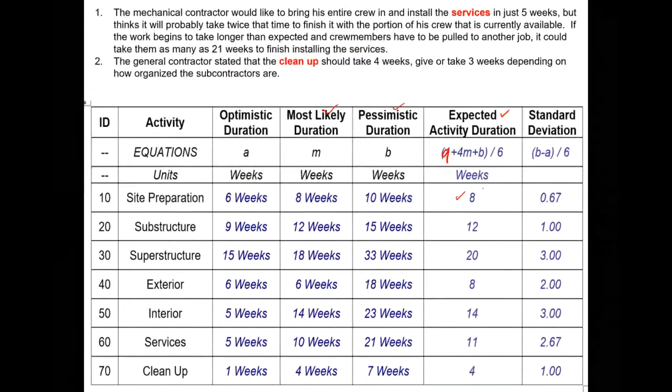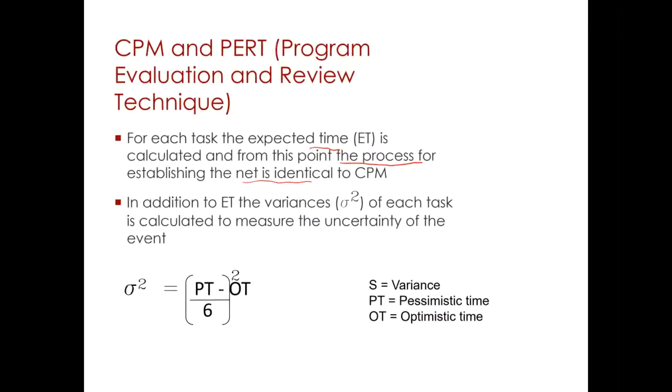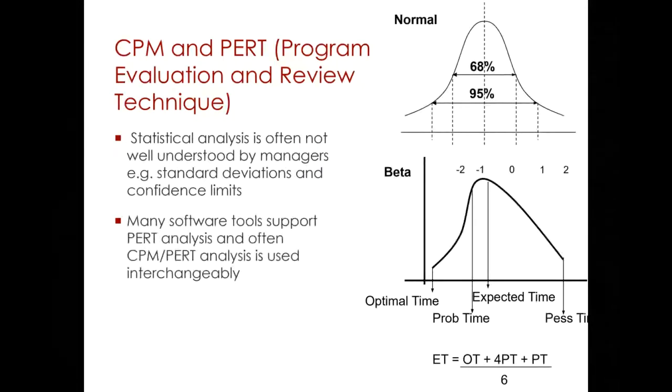So rather than using the deterministic time frames as we were assuming before, we will now be using these values to do our CPM calculations. In addition to estimated time, the variance of each task is calculated to measure the uncertainty of the event using this formula.